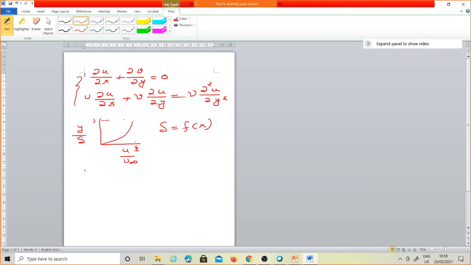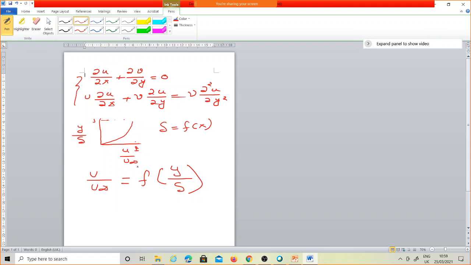Okay, so here you can see this u by u infinity is actually a function of what? y by delta, right? u by u infinity is a function of y by delta. So you can see there.